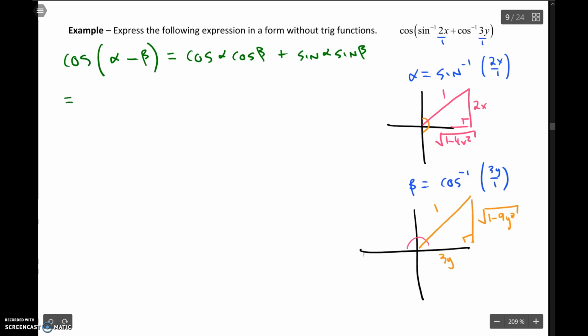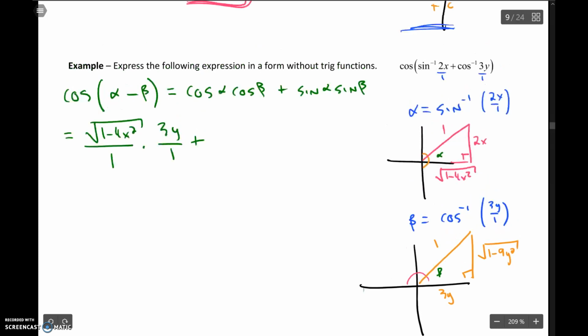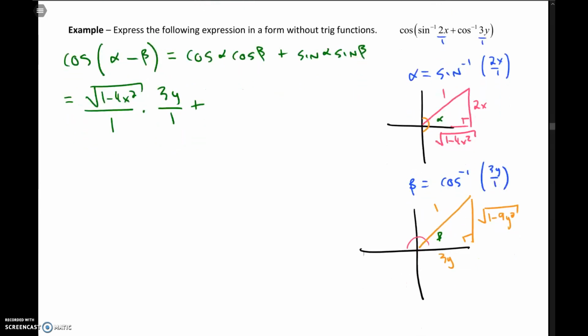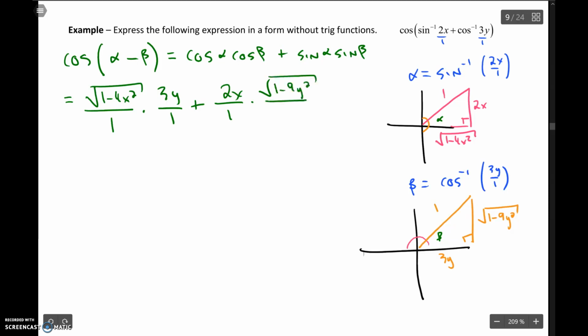Just use your alphas. This is angle alpha. This is angle beta. You just take the cosines and sines from the proper triangle. Cosine of alpha is the square root of 1 minus 4x squared all over 1, times cosine of beta, which is 3y over 1, plus sine of alpha, which is 2x over 1, times sine of beta, which is the square root of 1 minus 9y squared all over 1.